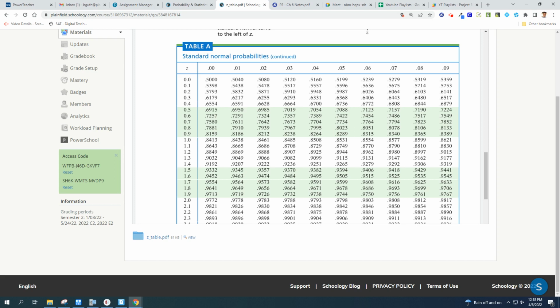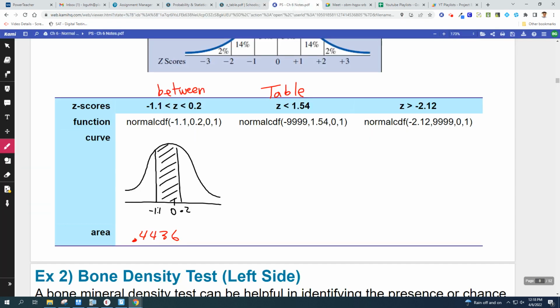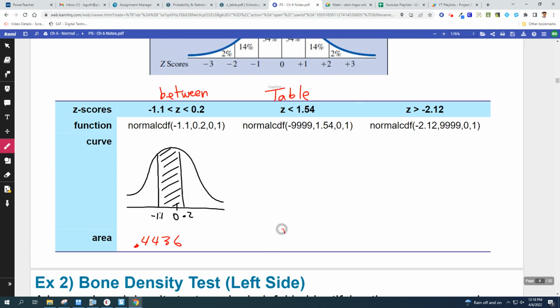All right, so here's 1.5, find 04, match it up. Looks like it should be 0.9382. I can see it's going to be 0.9382, my answer. I can see that from the table. But how you use that on a calculator is kind of weird.